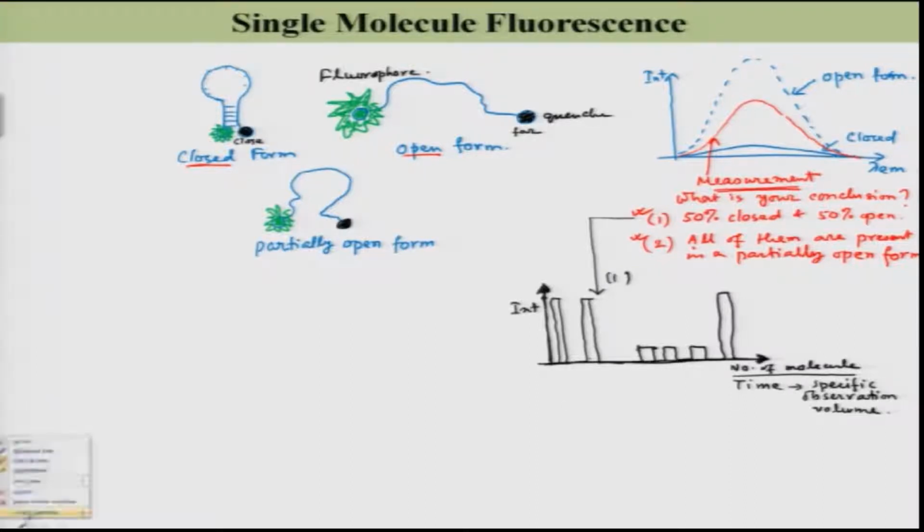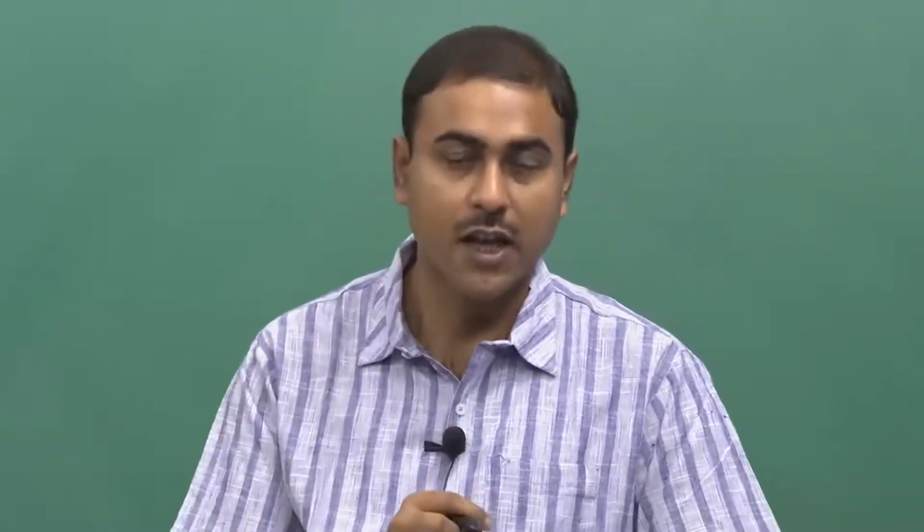However, in case 2, whenever a molecule enters this observation volume, the fluorescence intensity you get from this observation volume will be fixed. It will not depend on which molecule is entering, because all of them are partially open. It is not like some are fully open and some are fully closed.